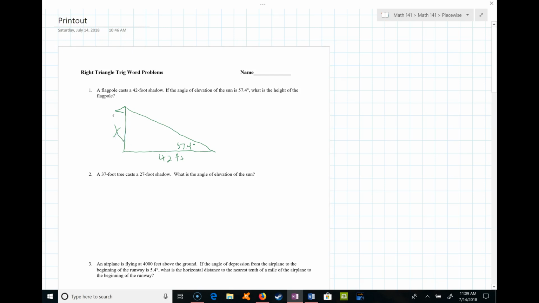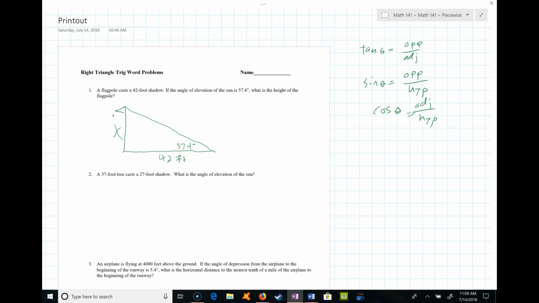When you're doing these right triangle word problems, we're going to use the fact that tangent is opposite over adjacent, sine is opposite over hypotenuse, and cosine is adjacent over hypotenuse. And so you look at that and ask, what sides do I know and what sides do I want to know?